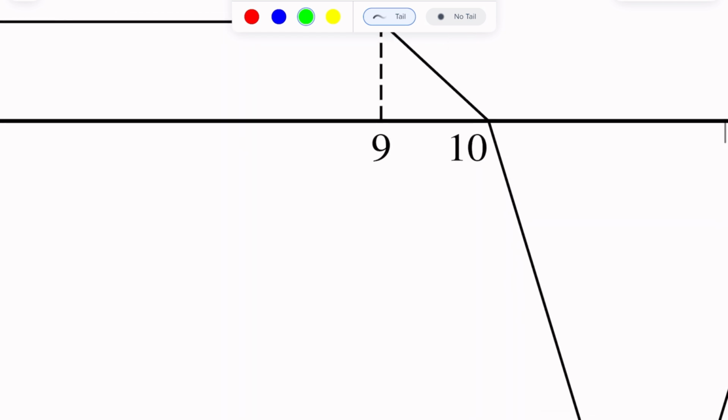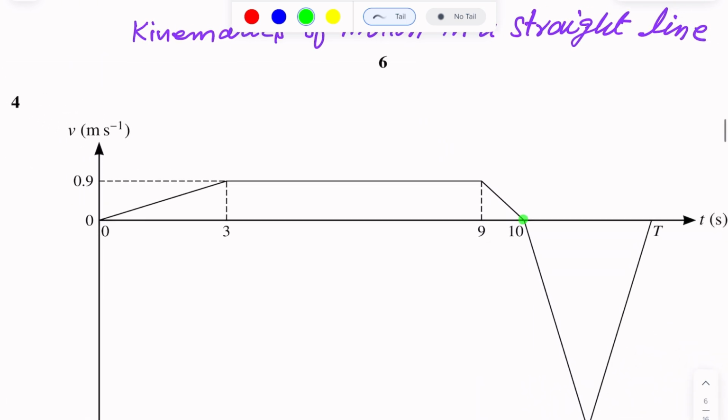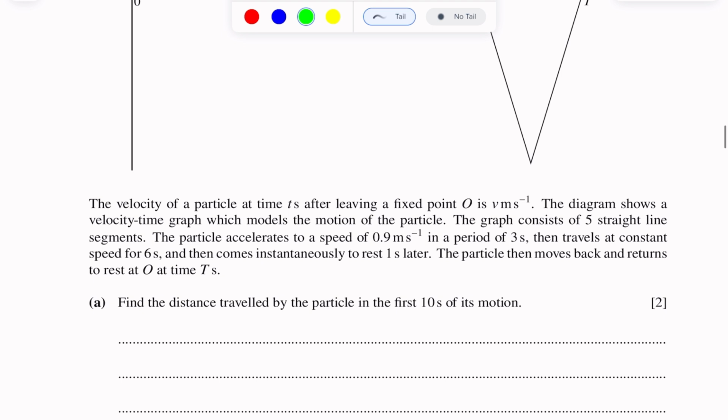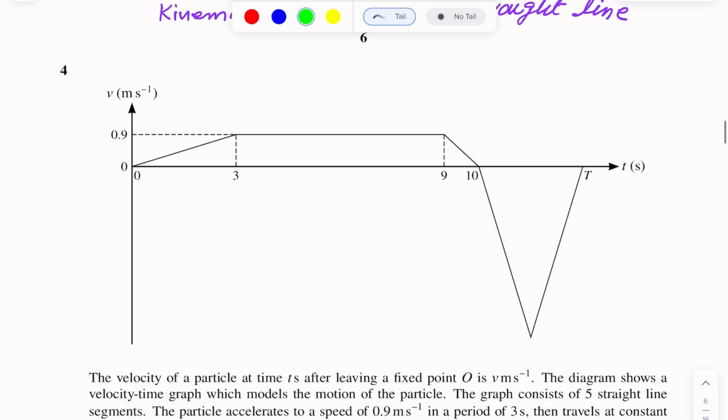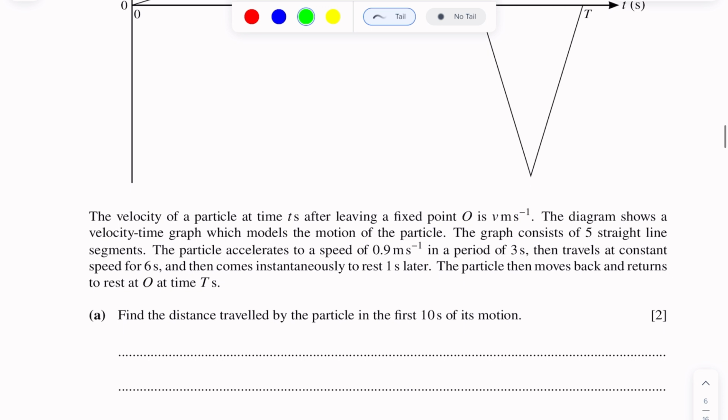10 seconds are here. We know that this is a speed-time graph. In a speed-time graph, the area under the graph gives the distance covered. So we have to find the distance in the first 10 seconds.